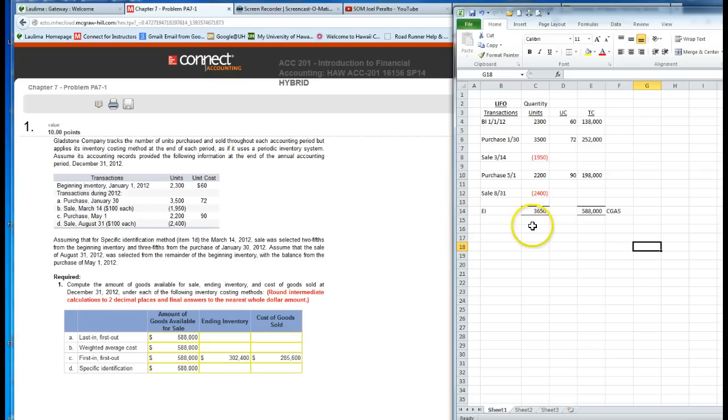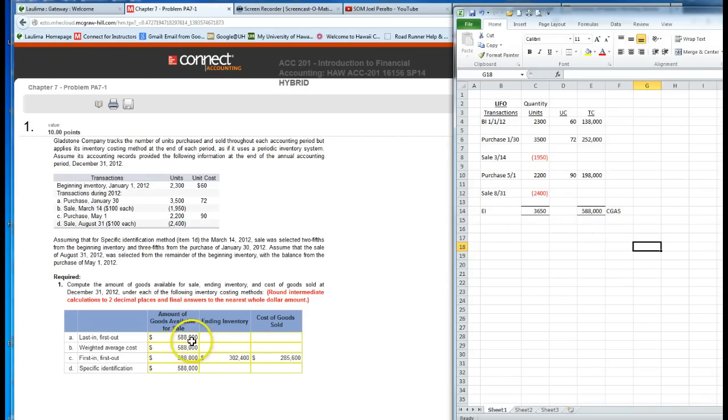So again, this problem assumes a periodic inventory system, and the costing assumption is applied at the end of the accounting period, which would be at the end of the year. So at the end of the year, we see that our cost of goods available for sale is $588,000.